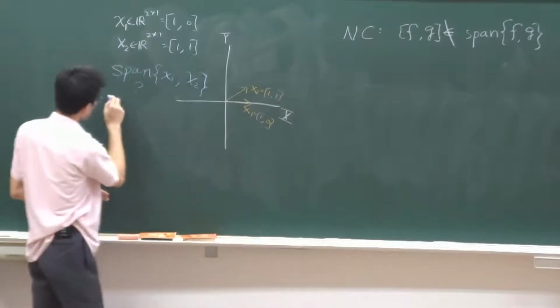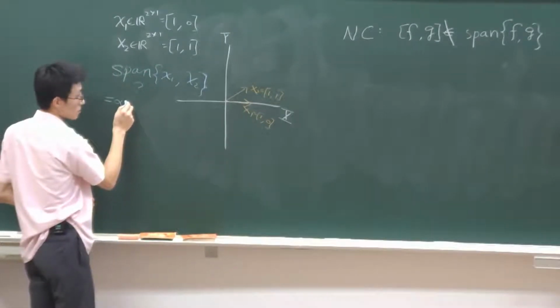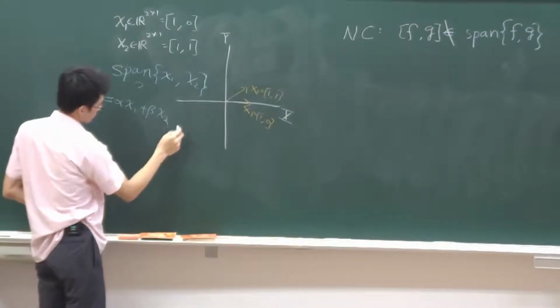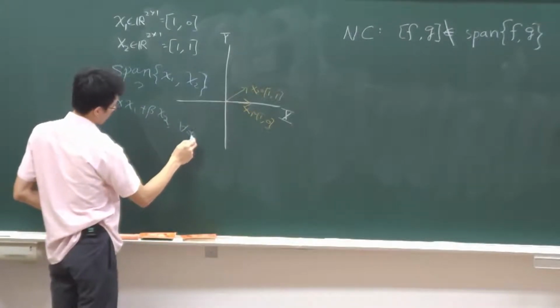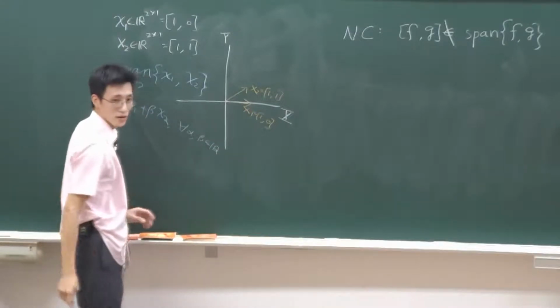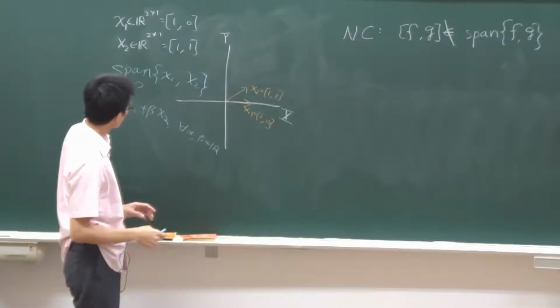It equals alpha times x1 plus beta times x2 for any alpha, beta belonging to the real numbers. Linear combination.